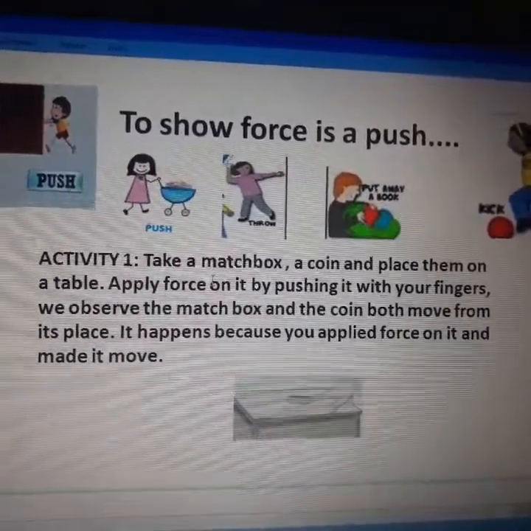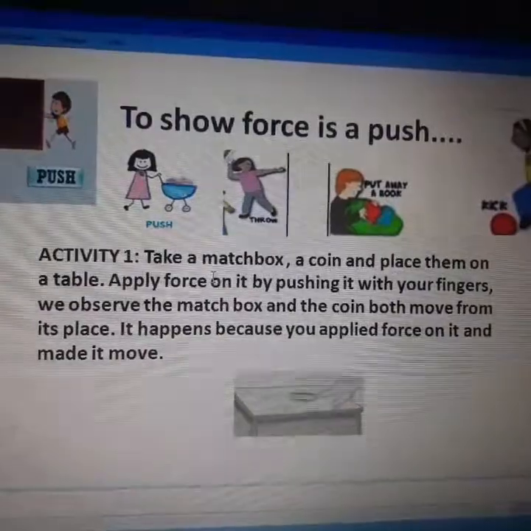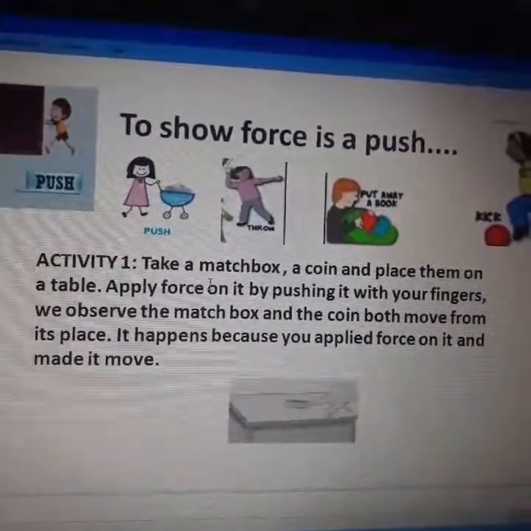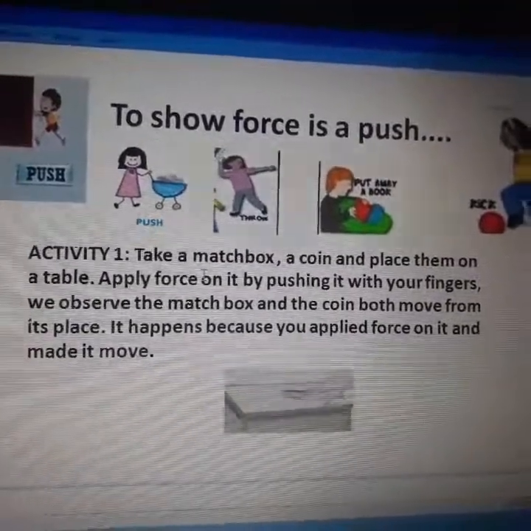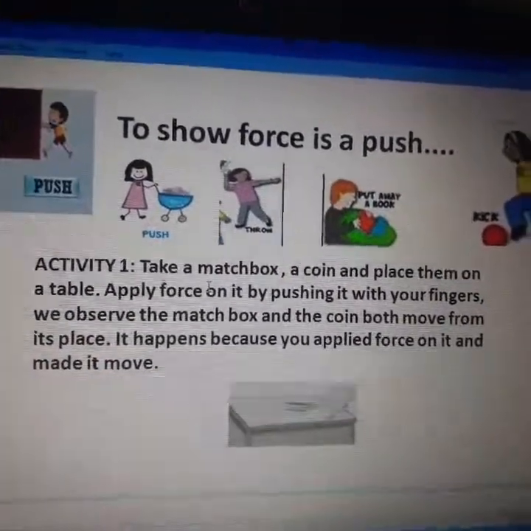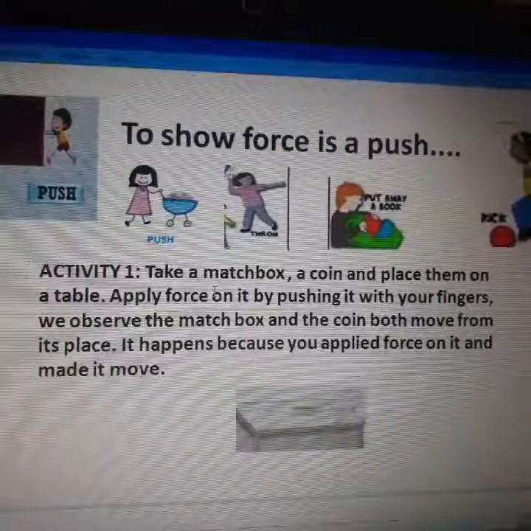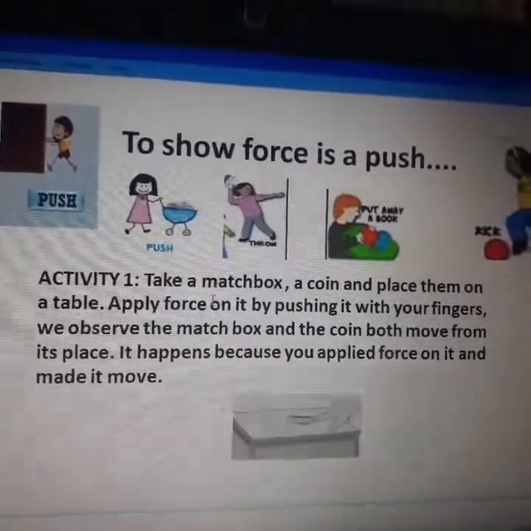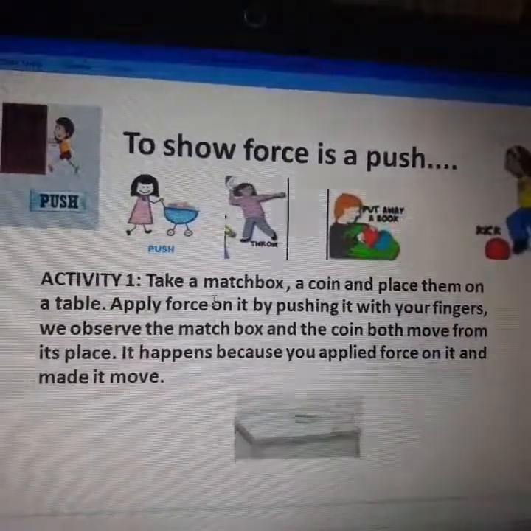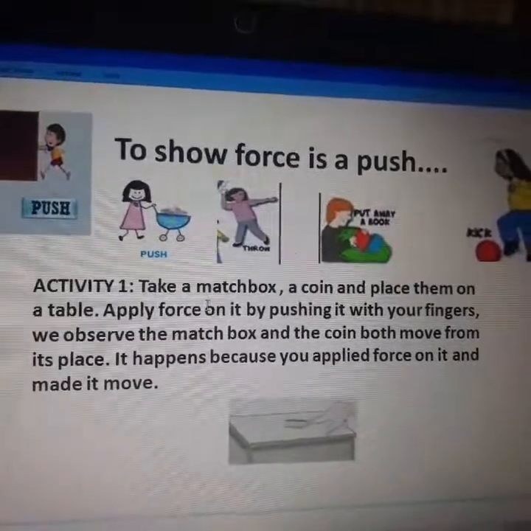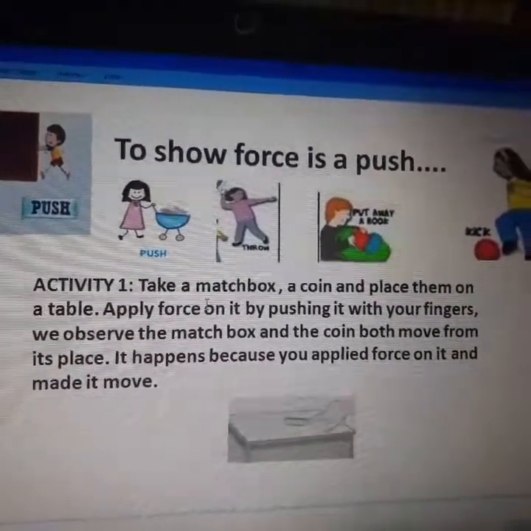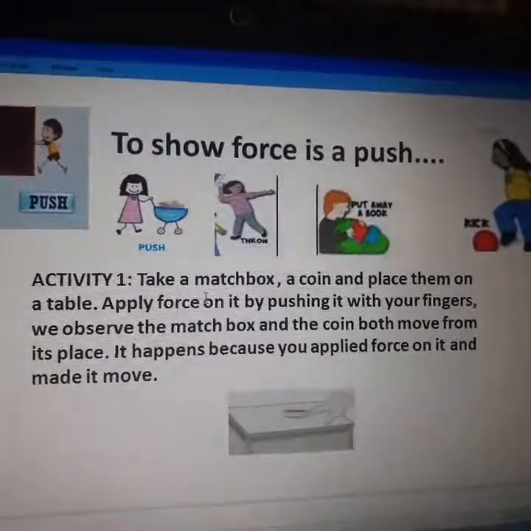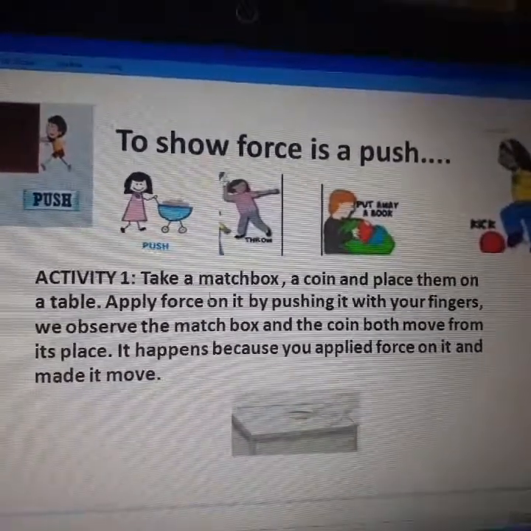In the fourth case, the boy is putting away the book and it applies a push. The girl is kicking the ball away from her. This is also a push. So whether it is closing the door or pushing the pram or throwing the ball or putting away the book or kicking a ball, all these are examples to show that force is a push.